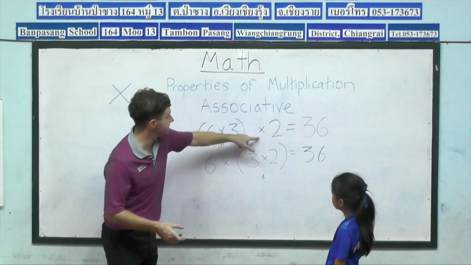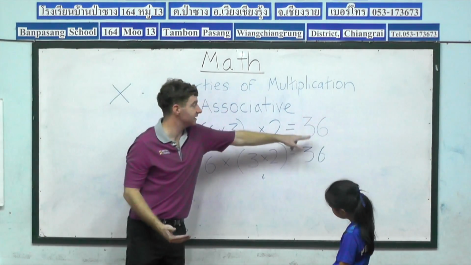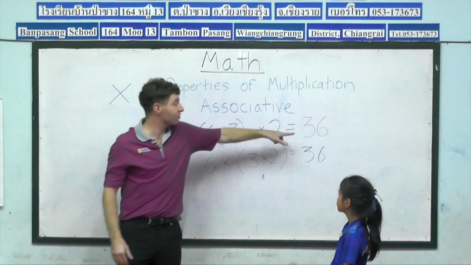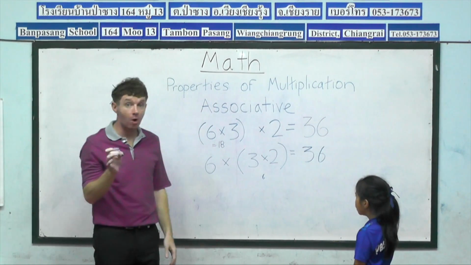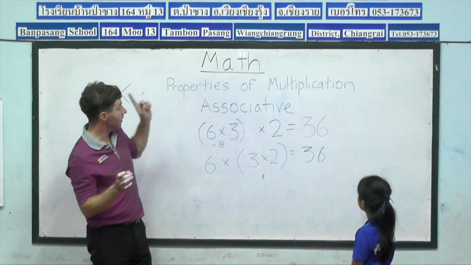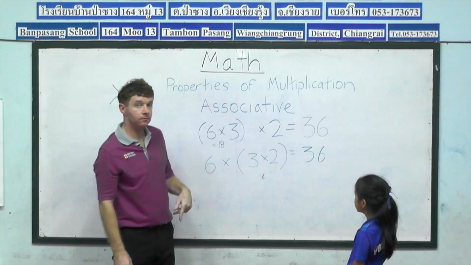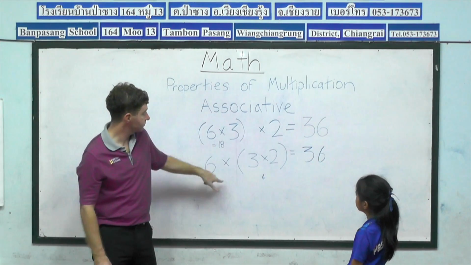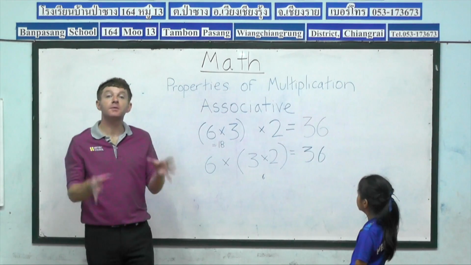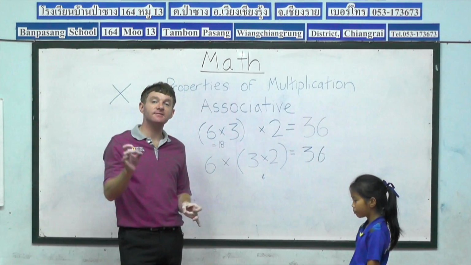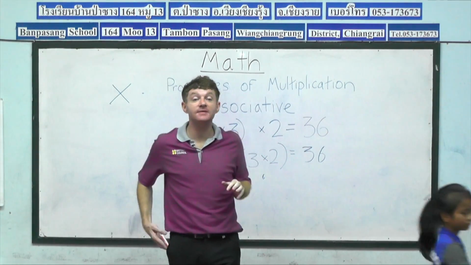Because we're using the same numbers all the time, doesn't matter which ones are in brackets, we get the same answer. So we can say 36 is the associative property of 6 times 3 times 2, or 6 times 3 times 2. Because we're using the same numbers again, we get the same answer. And Prel, that was brilliant. High five. Big round of applause for Prel, please, guys.